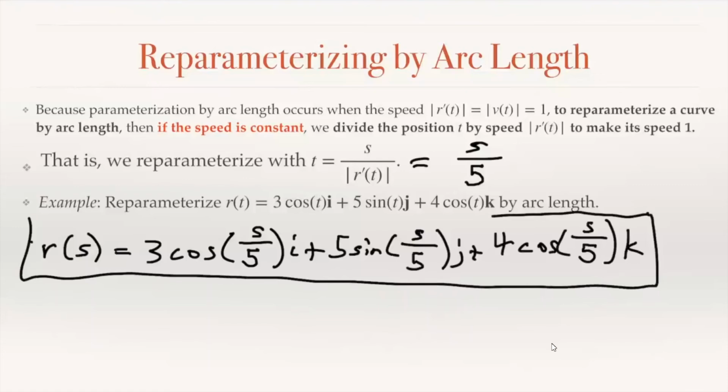And that is now moving at a speed of 1. We have slowed it down by a factor of 5 from its initial speed of 5. So now you're moving at 1 unit a second, which is an arc length parameterization.